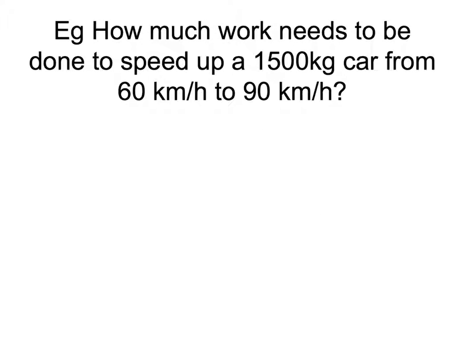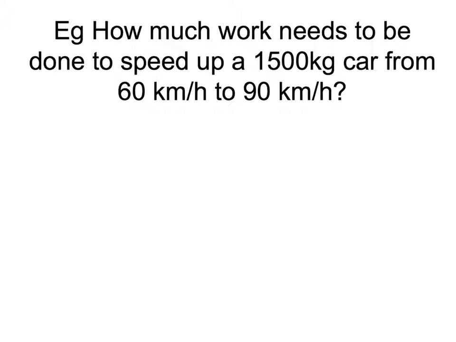Another thing we can do is look at the change in kinetic energy. Now, unlike the change in gravitational energy, you can't just subtract the velocities, okay? You can't just say 90 minus 60, so it's a change of 30 kilometers an hour, change that to meters per second, plug it in.